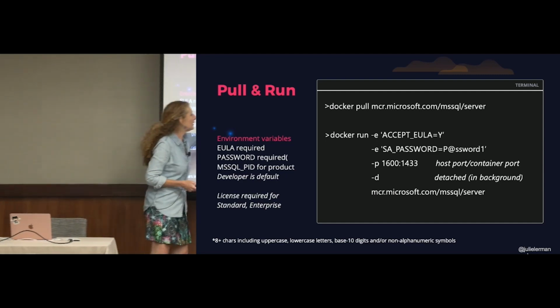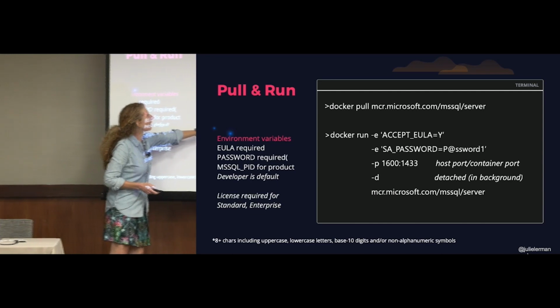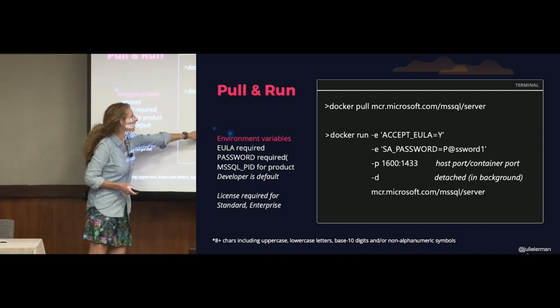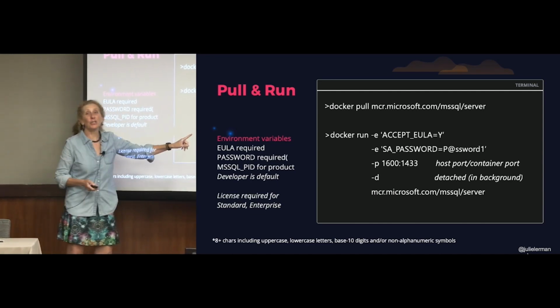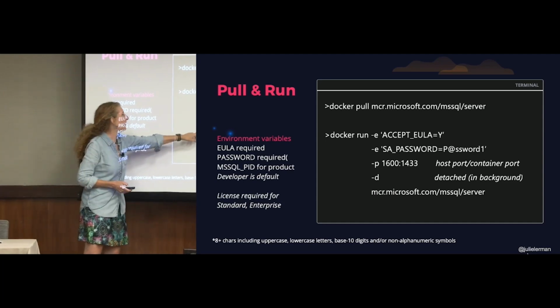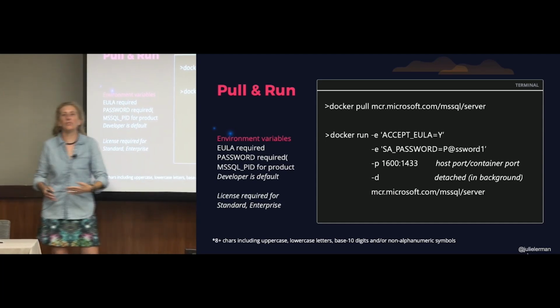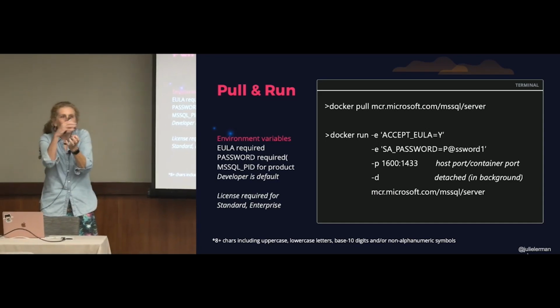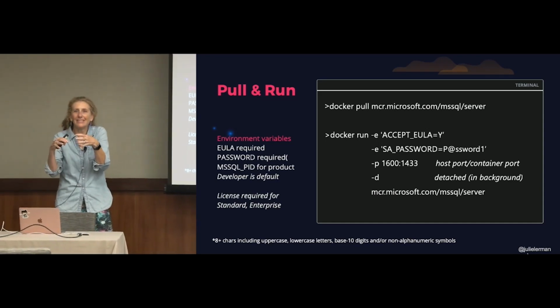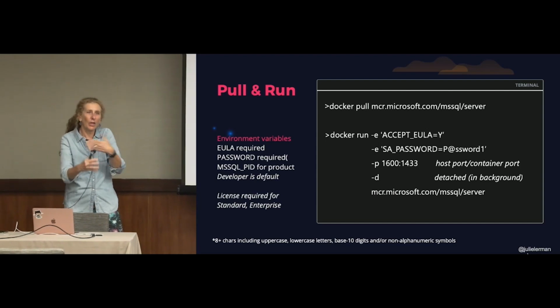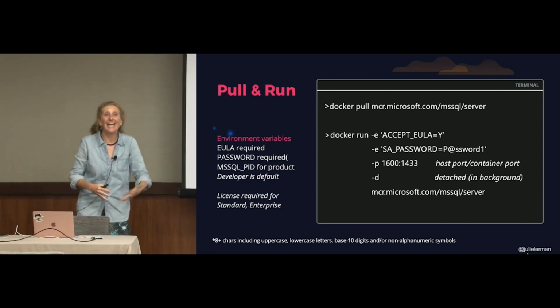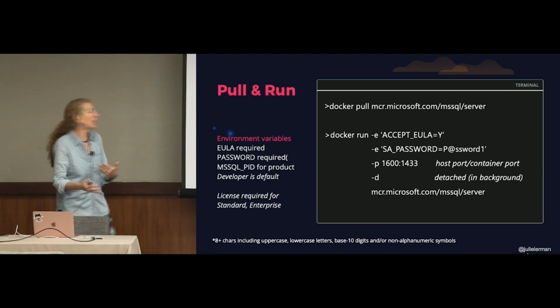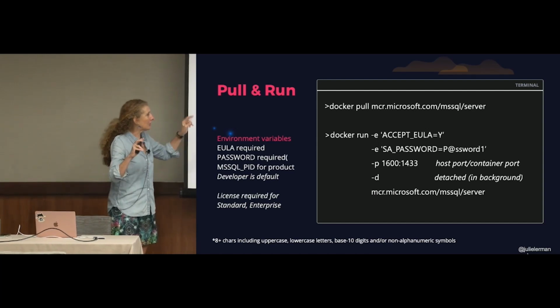Another really important aspect of the Docker run command is that, depending on what you're doing, most often you want to run this in detached mode, which means the database becomes interactive. Otherwise, it's self-contained and nothing can access it, right? You can't get to it. So if you want to spin up the server and then actually do something with it, you want it to be what's called detached.